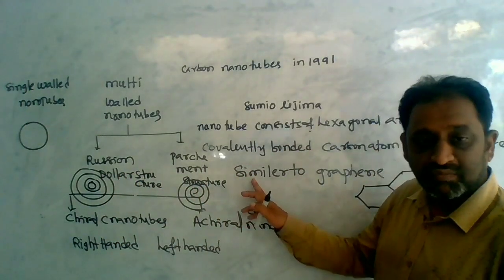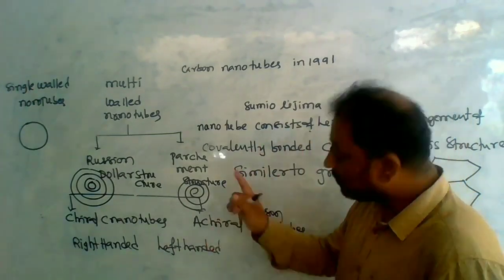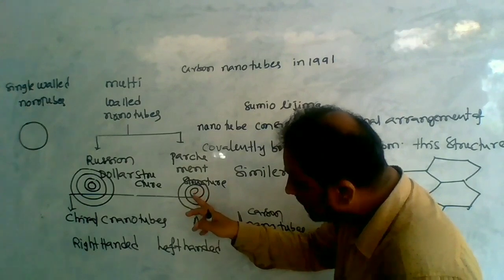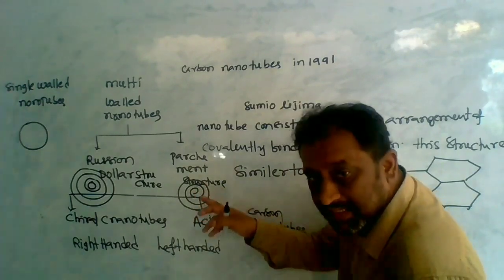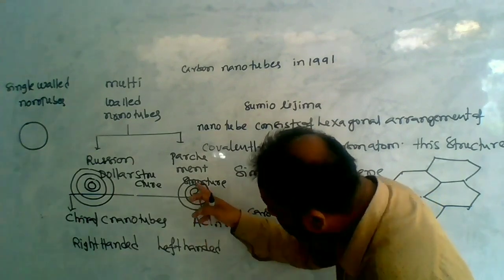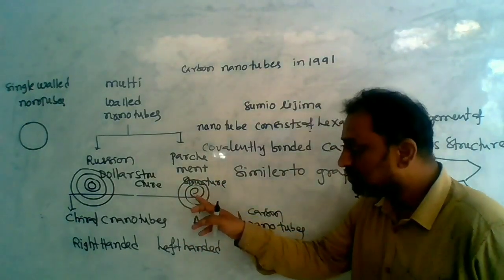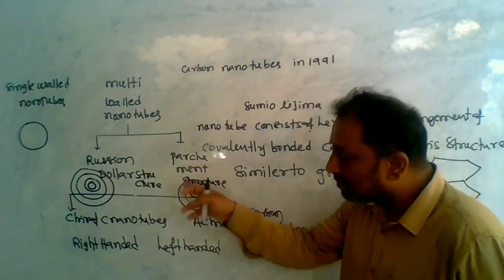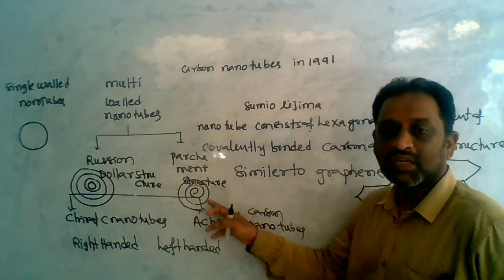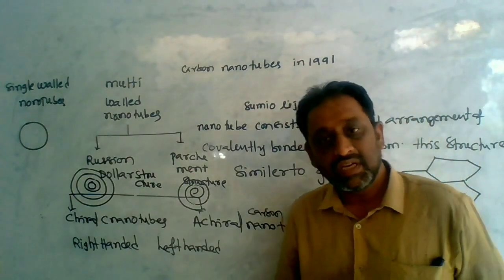Parchment structure means it consists of only one graphene sheet, which is rolled into multiple layers, multiple walls. This is called the parchment structure.